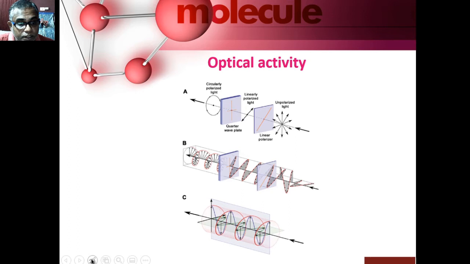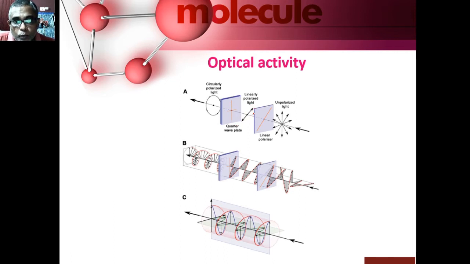So this is the direction of propagation in all directions. Now when this light, that is an ordinary light or an unpolarized light, is passed through a linear polarizer, a polarizer is a material that can convert this ordinary unpolarized light into a linearly polarized light.